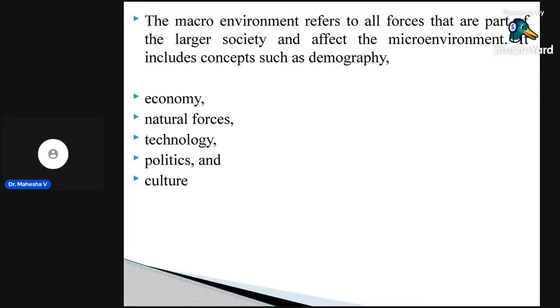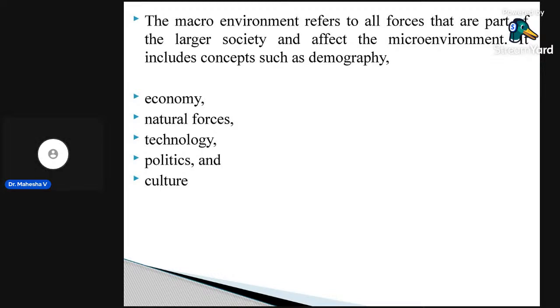You need to see the demography, economic factors, natural forces, technology, politics and culture, or we may say the political and legal factors, all are part of your macro marketing variables or macro environmental variables. Let us go one by one.